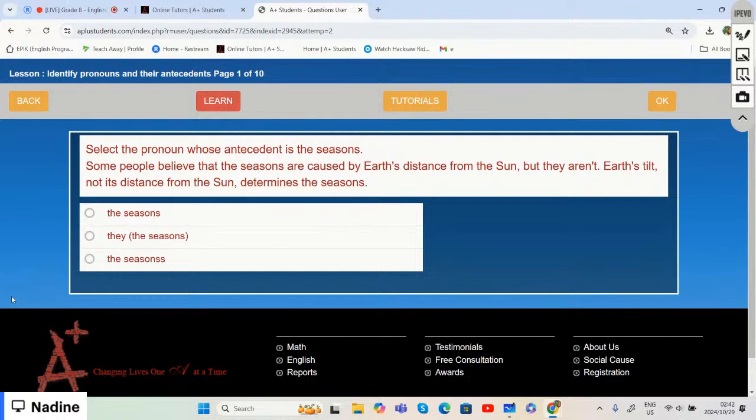We need to select the pronoun whose antecedent is seasons. Is it option one, the seasons, option two, they, or option three, the seasons's? It says, but they aren't. Is it option one, two, or three?